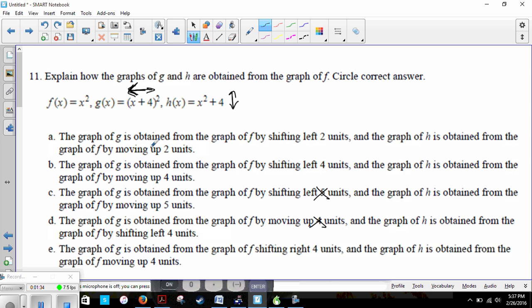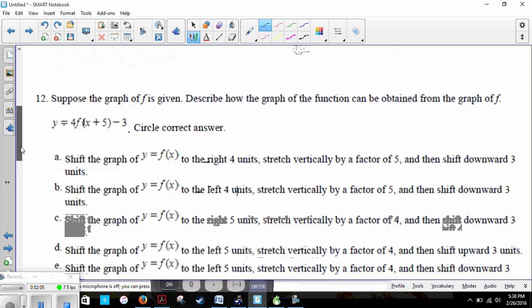And so it can only be between A and B. Oh, can't be B, can't be A. So I'm only left with B. And so g is obtained by taking the graph of f and shifting it 4 units to the left, and when it's outside of the function, we go up or down, but we only had the one choice left, that it was obtained by moving the graph 4 units up.